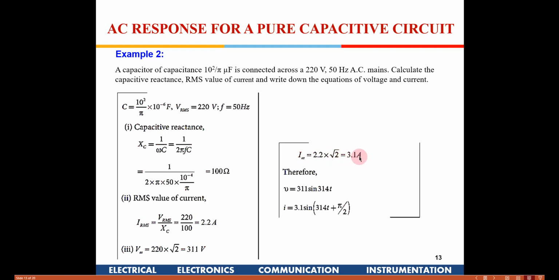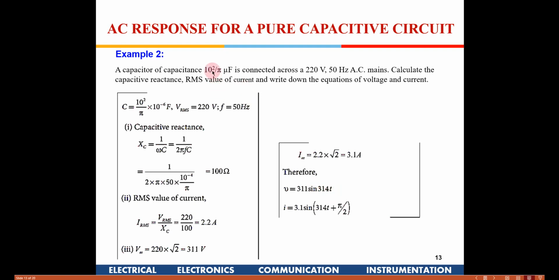Whenever I write the equation in this form, it is Vm always. That is the reason I have written this as 311 sin 314 t. So, where does this 314 come from? Omega t, where omega is 2 pi f.